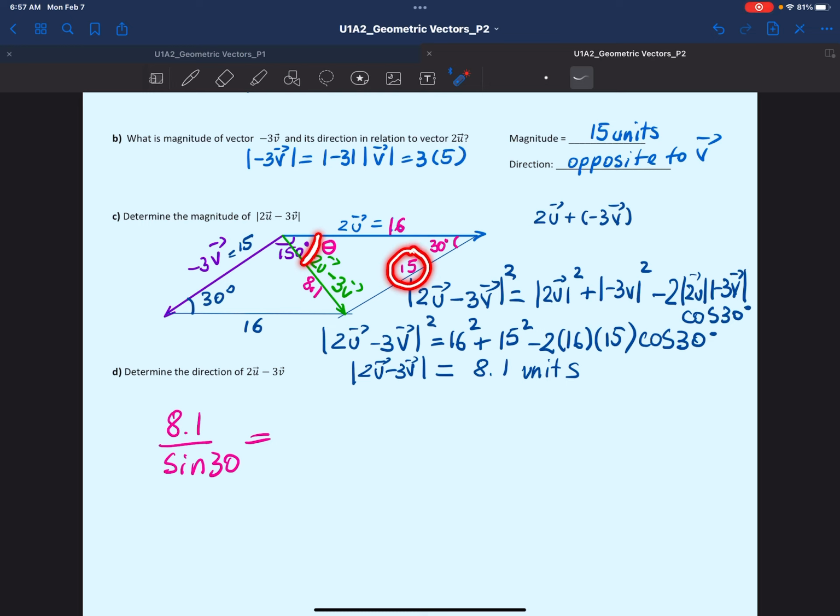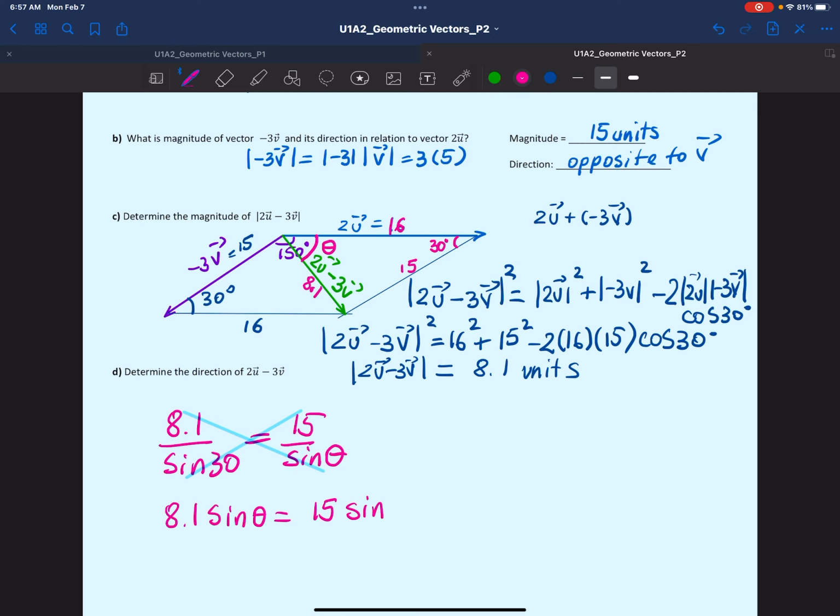Opposite theta, you have the side 15, so 15 over sine theta. Cross multiply. And now we have 8.1 sine theta equals 15 sine 30.